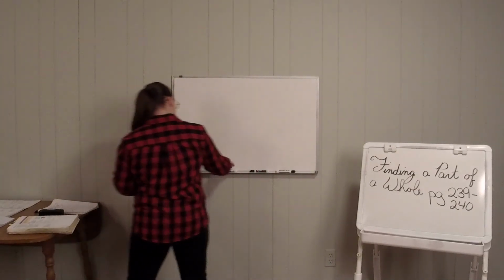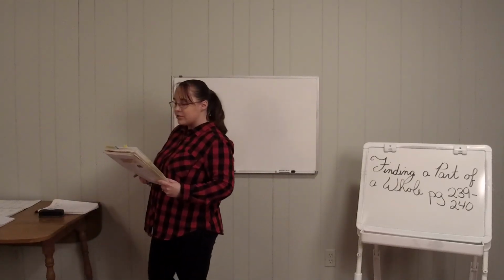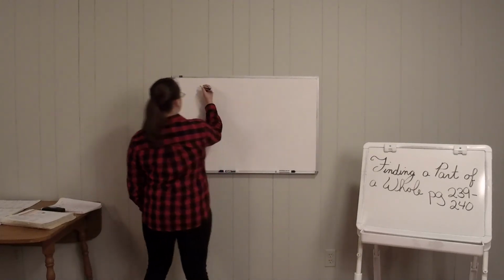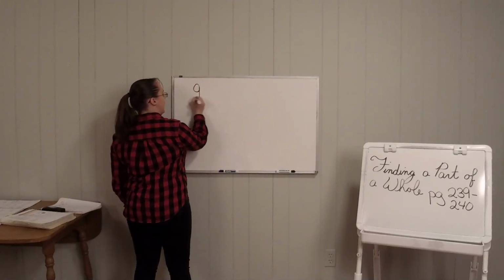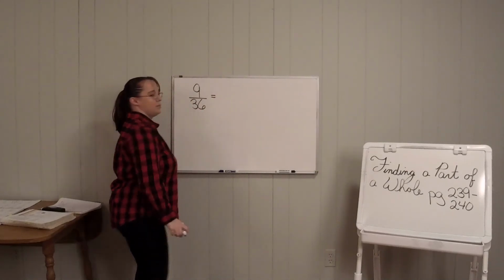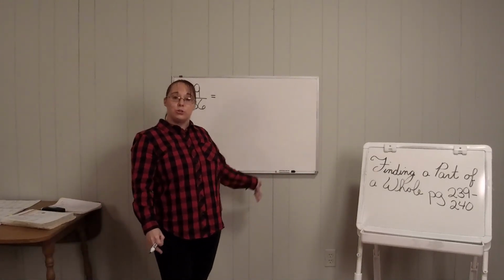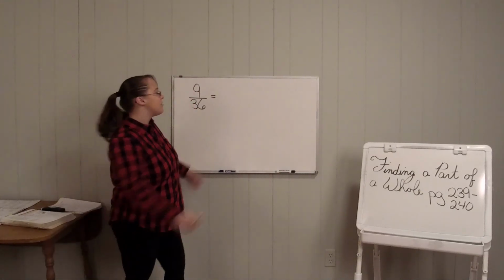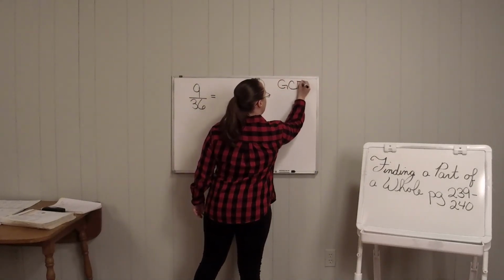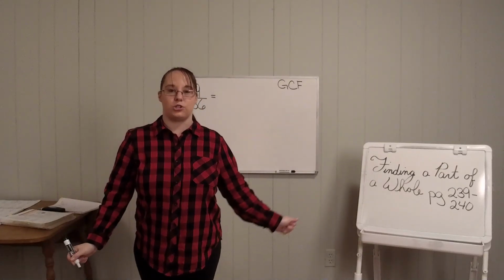Look at that example. It says 9 hours to 36 hours. So you have 9 hours over 36 hours. When you look at that, you should be able to tell it can be reduced. Think about this right here: GCF, greatest common factor.